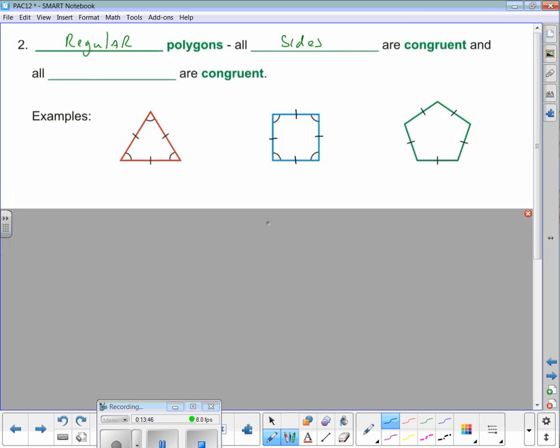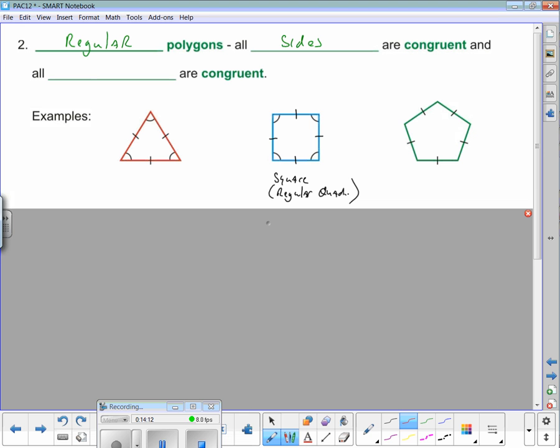And we routinely call a regular quadrilateral a square. That's the common name, but understand this is a regular quad, and I'm just abbreviating quadrilateral because that's a long name. So a square, but that's a regular quad.